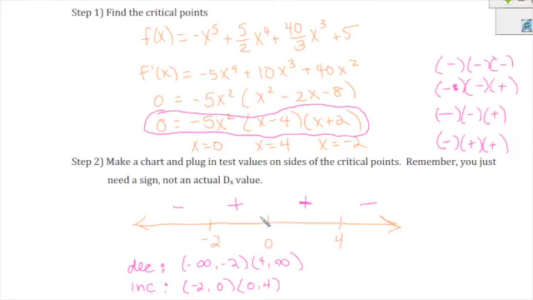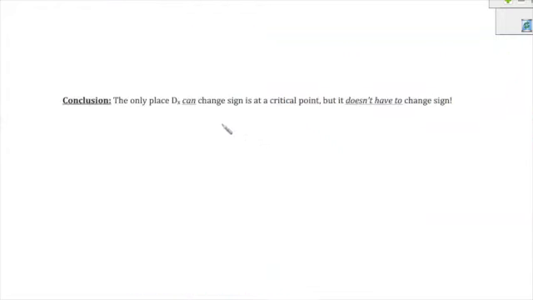So right here, we didn't change sign at 0, and that's okay. So this is neither a max nor a min, right? Something else is happening there, and we'll get there within a couple days, but it's not a maximum and it's not a minimum. All right, I think some of you might already know what it is, but I won't exactly say it yet. So it can change sign at a critical point, but it does not have to.